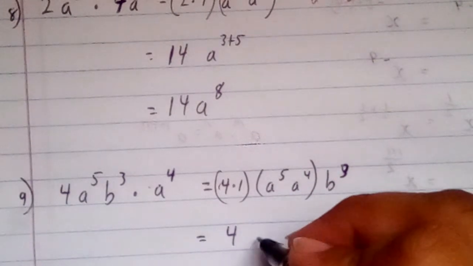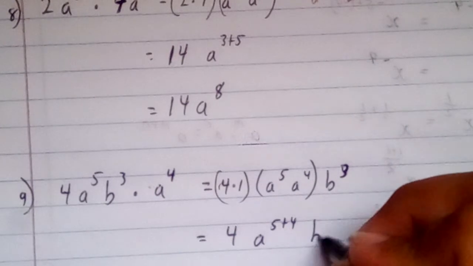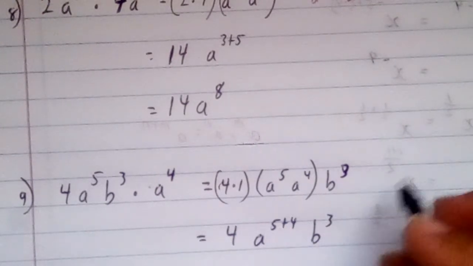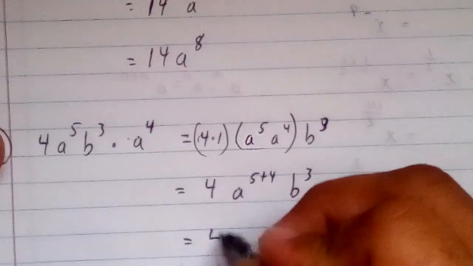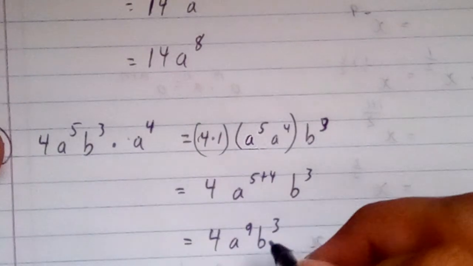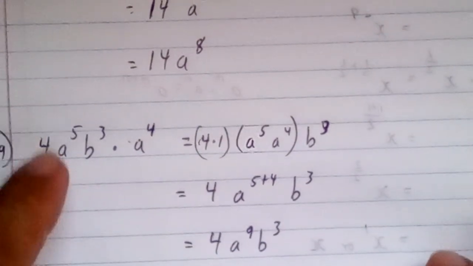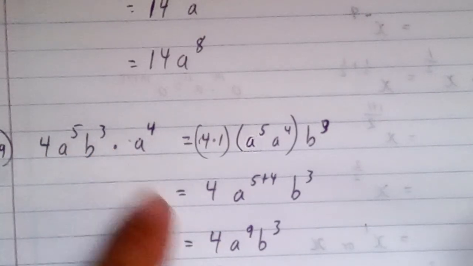The rule says the bases are the same, we keep the base and simply add their powers. Bring down the b to the third, we cannot disregard the b, and that gives us 4a to the 9th b to the third, and that's our solution. So let's go from here to here now. 4 times 1 is 4.